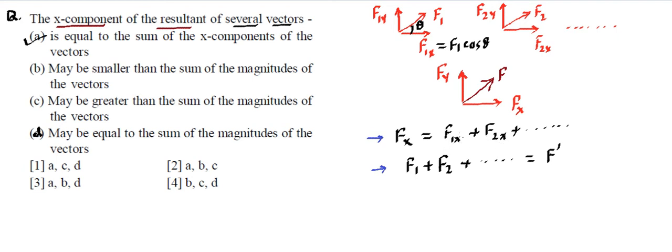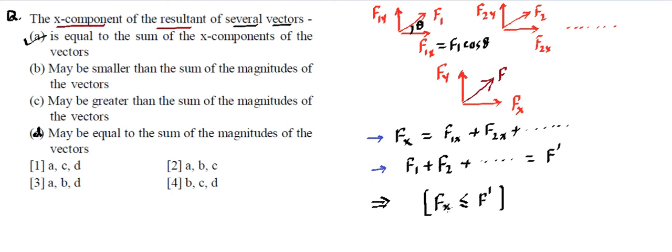So we are adding numbers which are smaller than these, and at max they can be equal. So this sum is going to be less than this sum, or at max equal. If we combine those two points together, then we can say the value of Fx will be either less than or equal to F dash.